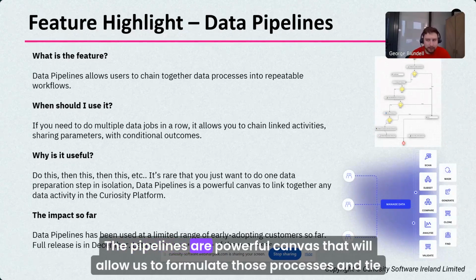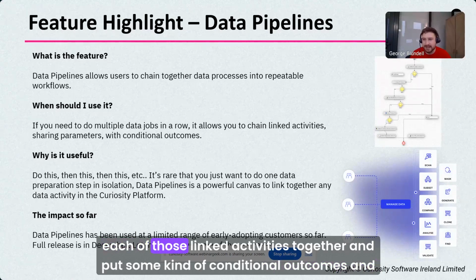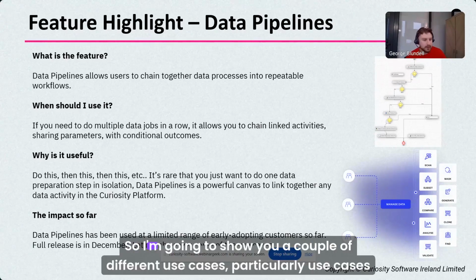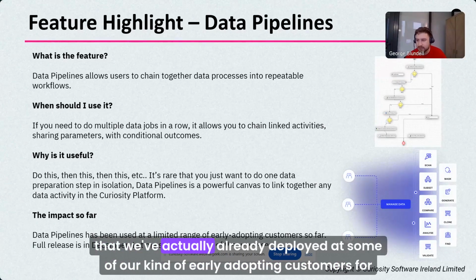The pipelines are a powerful canvas that will allow us to formulate those processes, tie each of those linked activities together, and put some conditional outcomes and conditional logic around it. So I'm going to show you a couple of different use cases, particularly use cases that we've already deployed at some of our early adopting customers for data pipelines.